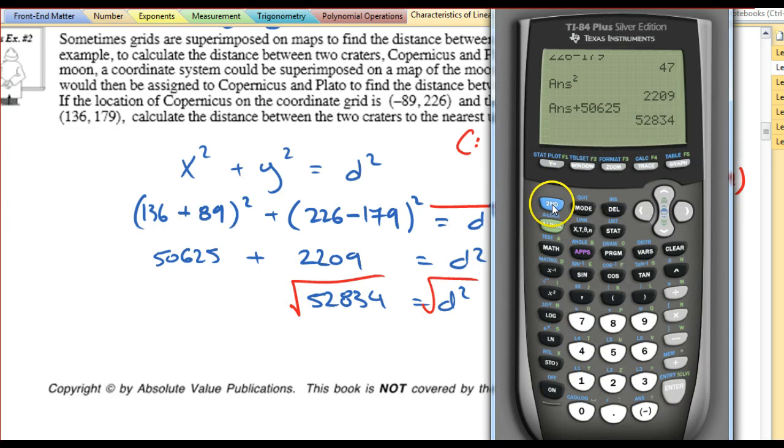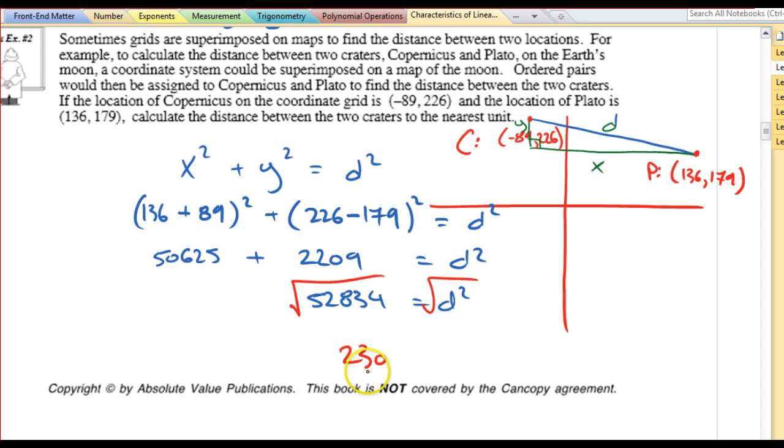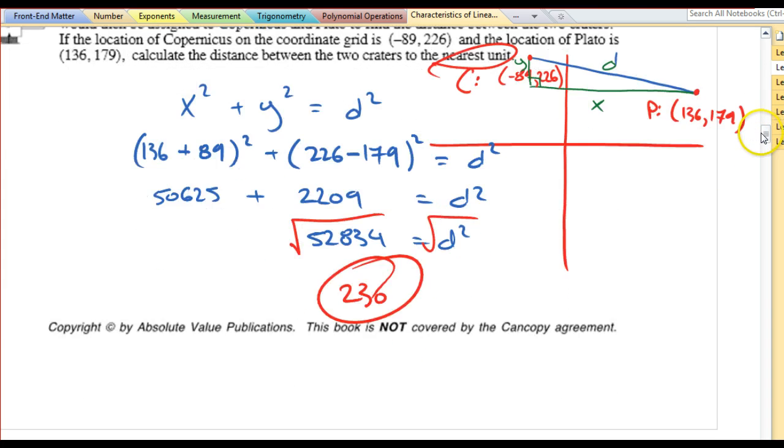So I'm going to go second function, square root. And instead of typing the answer again, I'm just going to use the shortcut answer here. Bring that up. And it's 229.8, or I'm just going to say 230, because it says to the nearest unit. All right, 230, probably kilometers, maybe miles, maybe meters, not really sure.